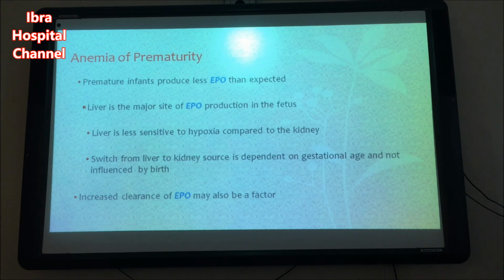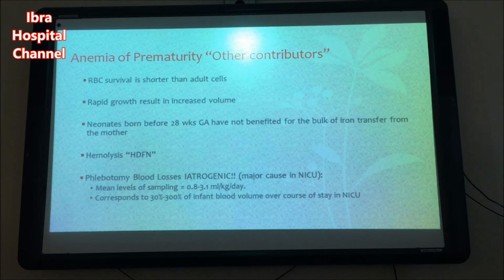So EPO first will be produced by the liver, and once the child reaches a proper gestational age, it will be shifted to the kidneys. And also in prematurity there could be more clearance of erythropoietin by the baby. He cannot hold the erythropoietin in his system. Other contributors like the survival of the red cells, there is a rapid growth of the child, he is developing quickly, so there is an increased volume and hemodilution.